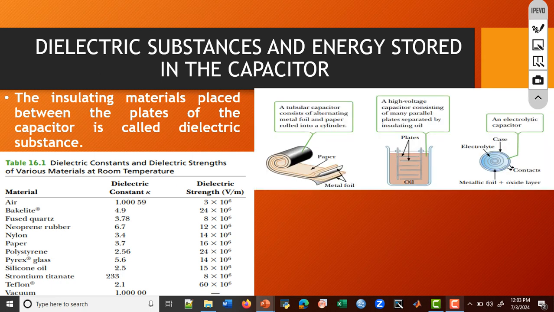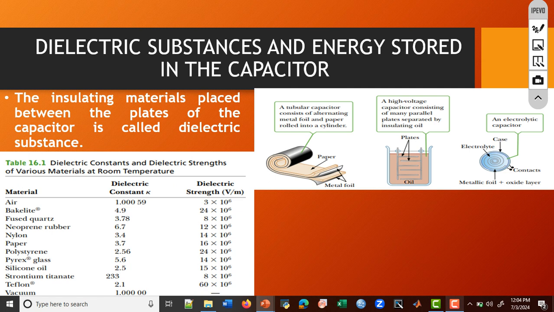You can see figures of different capacitors. Here we have a tubular capacitor which consists of alternating metal foil and paper rolled into a cylinder. Also in this case, the dielectric material is paper and the capacitor is made in a cylindrical form.